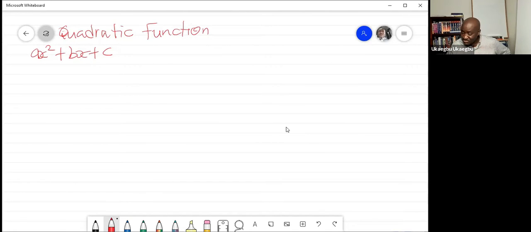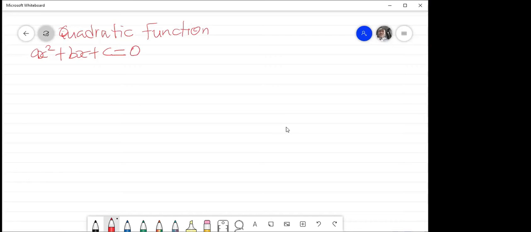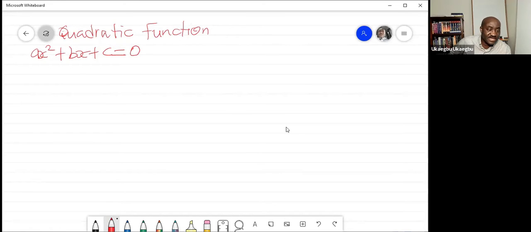An equation has to have an equal sign, equal to what? Equal to 0. Yes. If you just say ax squared plus bx plus c, you just said an expression. That's not an equation. So all formulas must have a left side and a right side. So any relationship that looks like this is a quadratic equation.